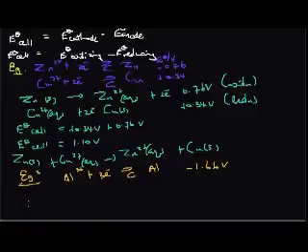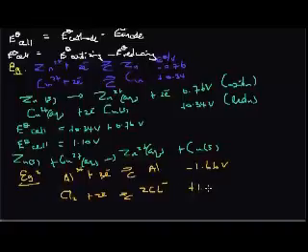For chlorine, we have our chlorine gas, plus 2 electrons, and we are forming 2 chloride ions, and we are having plus 1,36 volts. This one is straight from our standard reduction reactions. As you can see, both of these ones, they are reduction reactions, right?